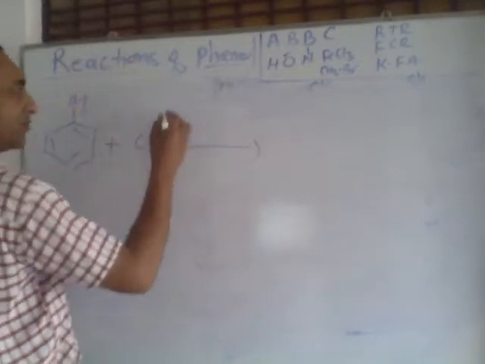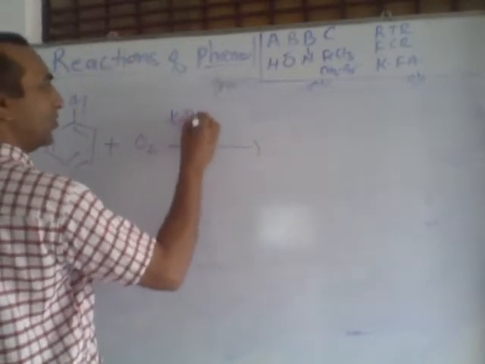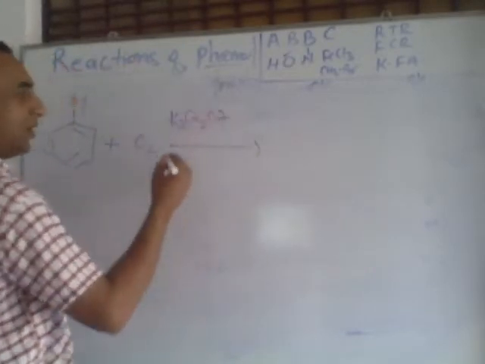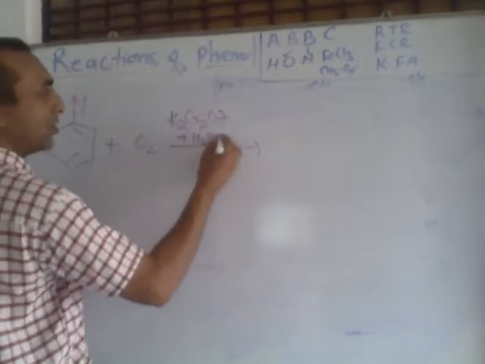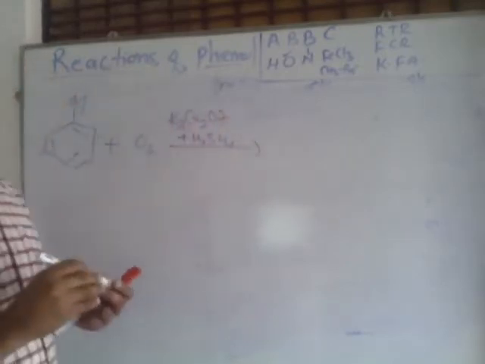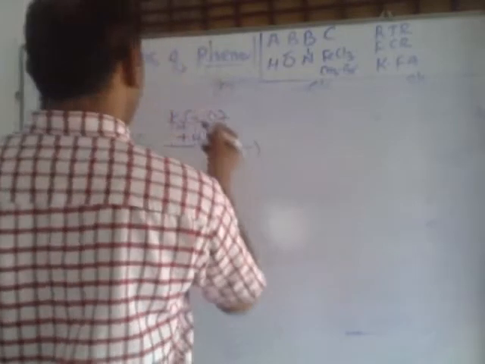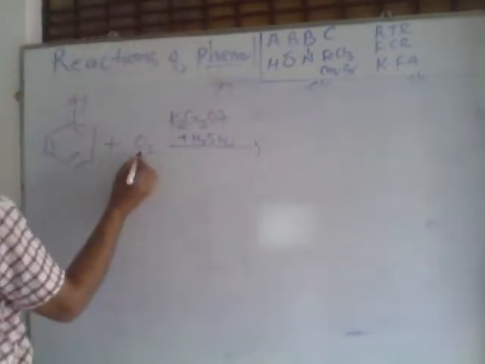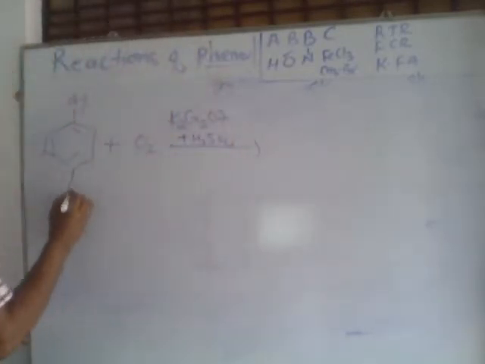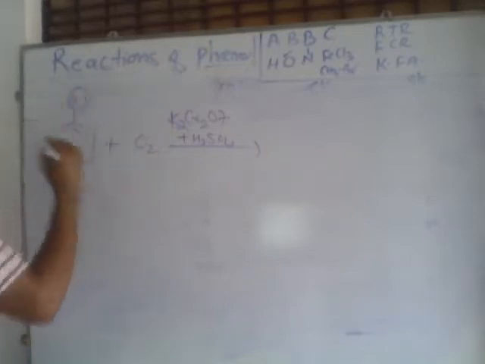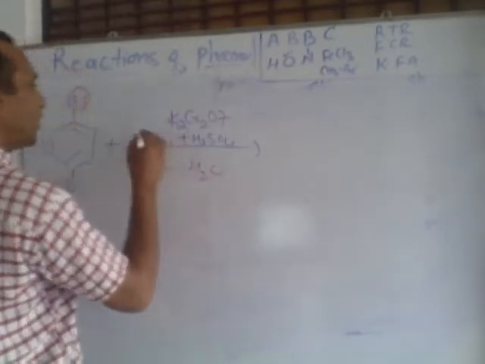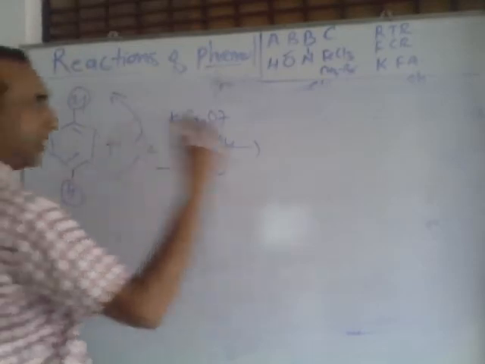If we use K2Cr2O7 along with H2SO4, this is a strong oxidizing agent. It provides oxygen, and the oxygen attacks the phenol; hydrogen and OH are removed as a water molecule, and the oxygen joins here and here, like this.